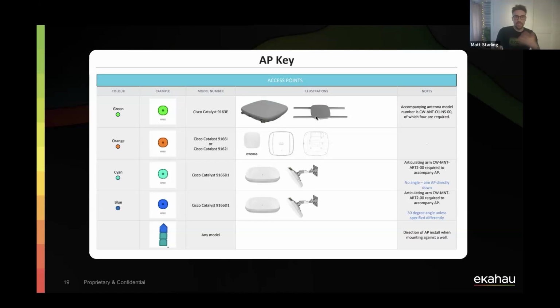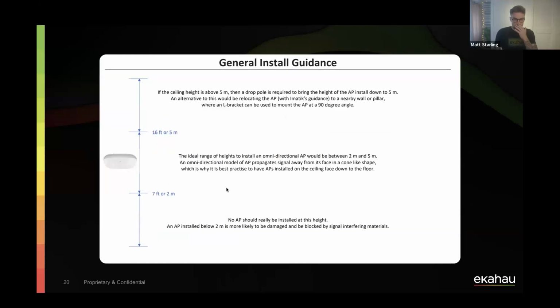And if you're going to be including some of the antennas in the design and deployment, but not only that, also adding some additional context around a best practice for a general installation guide. That if the ceiling height is above a certain height and we're going to be using access points that have integrated omnidirectional antennas, we're going to then suspend that down via a pole so it's not too far away from our client devices.